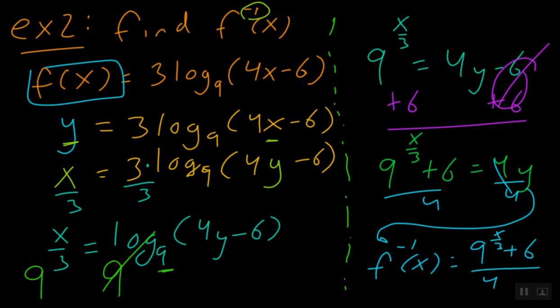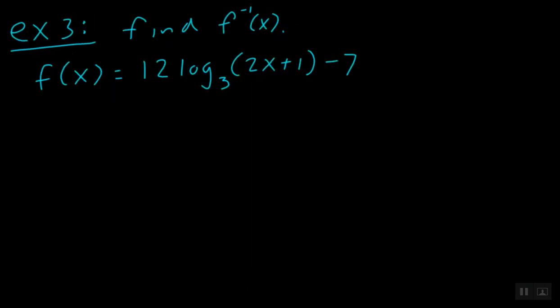I have one final example for y'all. Okay, in example 3, we have find f inverse of x, where our function is 12 log base 3 of 2x plus 1 minus 7. And of course, we know we're going to start this off by simply taking our f of x, switching it to y.